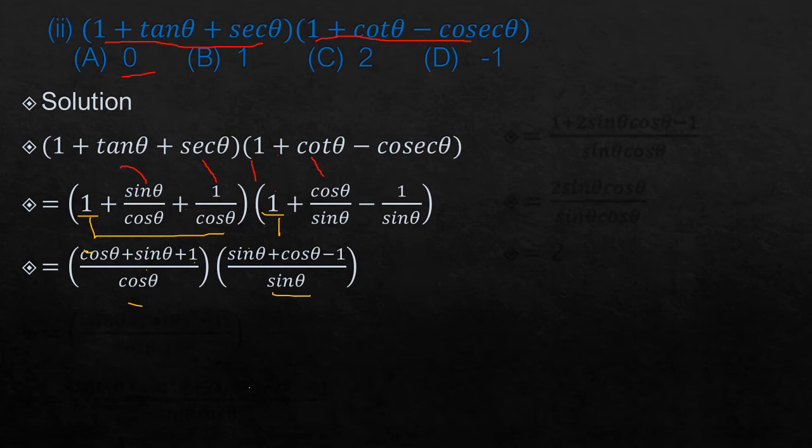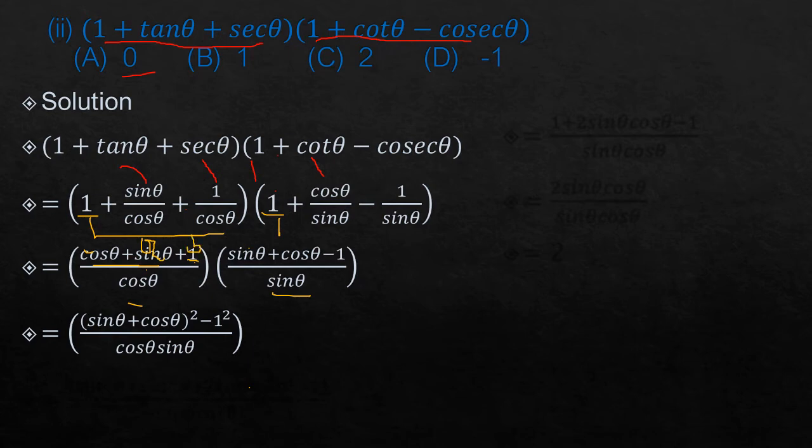Okay students. Now make a pair like this: cos theta plus sin theta, one pair, plus 1. Treat this cos theta plus sin theta as A, and this 1 as B. Wait 1 minute, I will rub this.